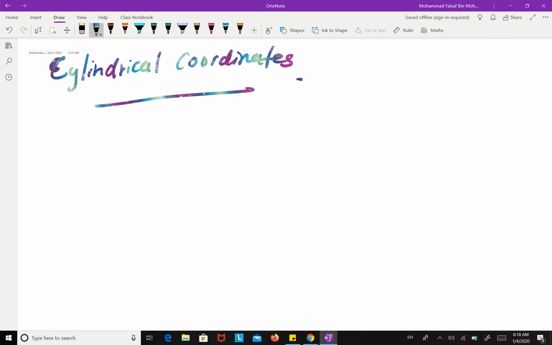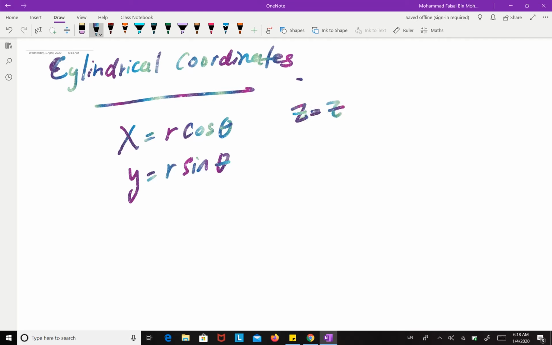In cylindrical coordinates, we have x equals r cos theta, y equals r sin theta, and z equals z, and the element dv in the integration will be r dr d theta dz.